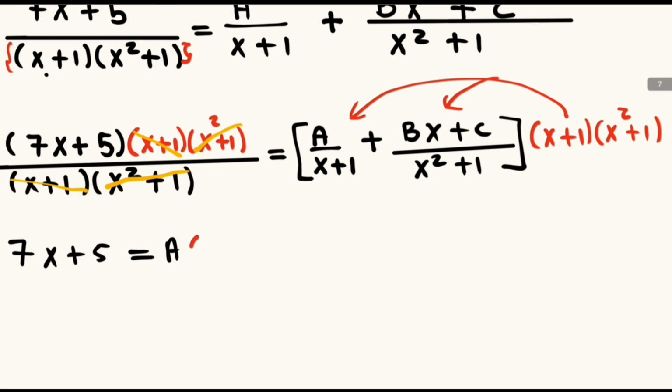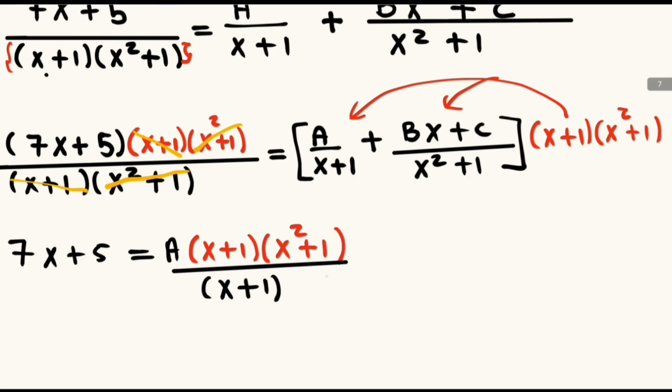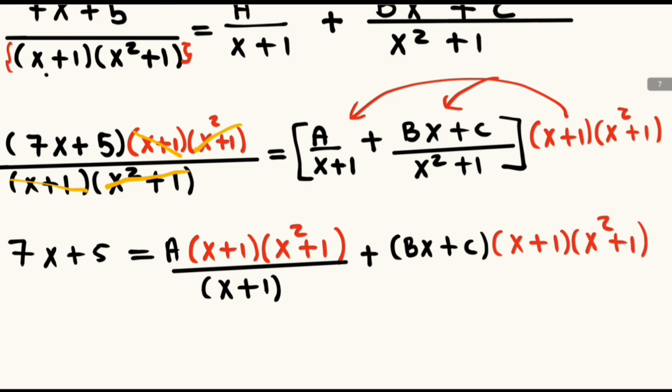So this will be equals to a into x plus 1 multiplied by the x squared plus 1, and this is still divided by x plus 1, plus bx plus c, also multiplied by x plus 1 multiplied by the x squared plus 1, and we are dividing this by the x squared plus 1.